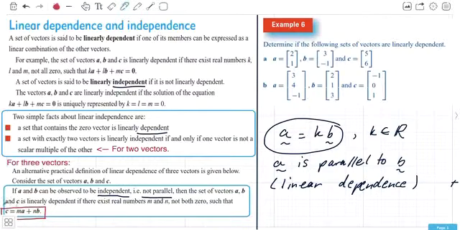And then we look to see whether this expression is satisfied. If this is satisfied, then our vectors are dependent. If this is not satisfied, they are independent. So dependent, remember, is that the vectors depend on one another in an expression. They can all fit into this expression.